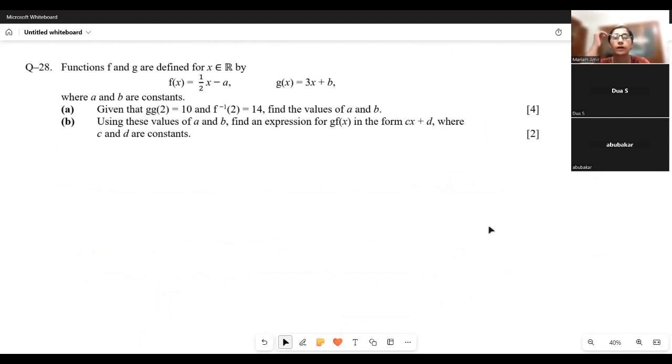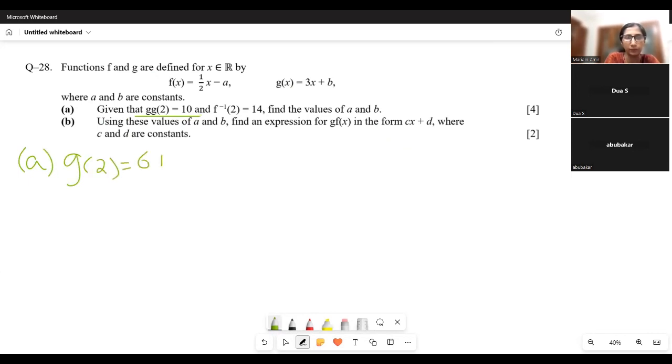f and g are defined by f(x) equals half x minus a and g(x) equals 3x plus b, where a and b are constants. Given that gg(2) is 10 and f inverse of 2 is equal to 14, find the values of a and b. This is pretty straightforward. gg(2) is equal to 10. So find g(2) first.